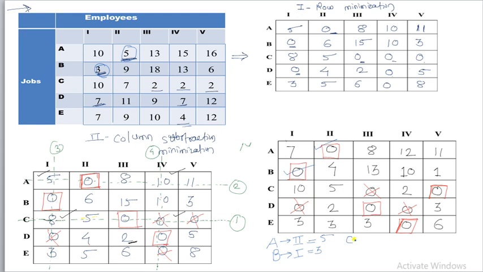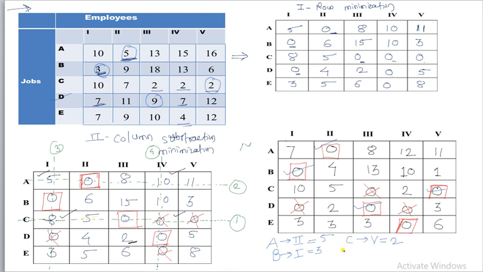Okay, C, for the C we have made the assignment here, that means fifth column, and the value we will take from here is 2. D row assignment is at the third column, that means 9.